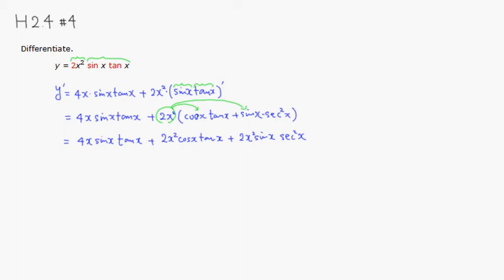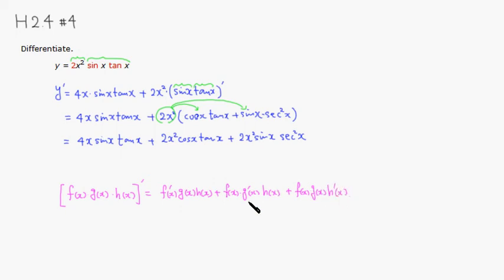So in general, this is just a general case: if you have three things multiplied together, then to take the derivative, you take the derivative of the first guy and leave the second and third alone; then leave the first alone, take the derivative of the second guy, and leave the third alone; then leave the first and second alone and take the derivative of the third guy.